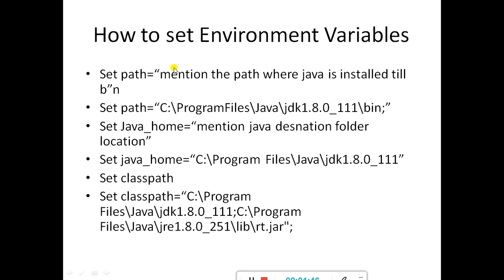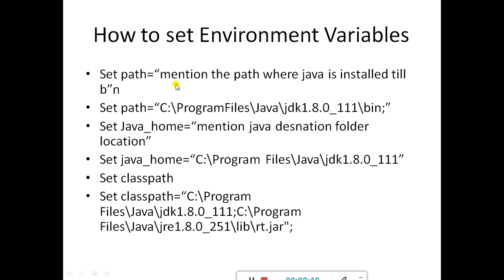But when you compile your Java program, you use a command to compile, as well as a command to execute. The executables of these commands are present where your Java is installed. So you have to set the path of those particular commands. For that we have to set the environment variables.